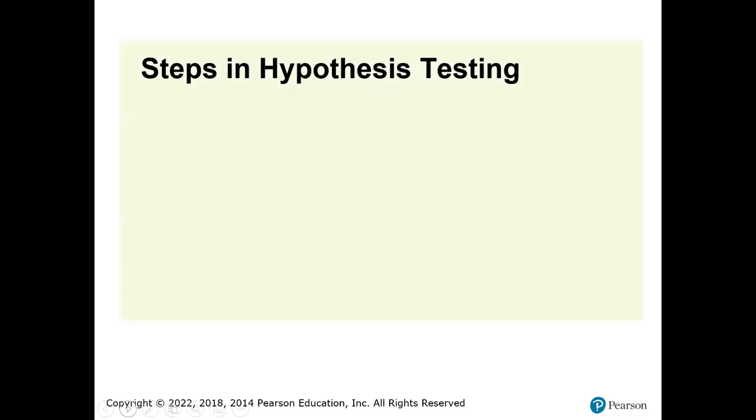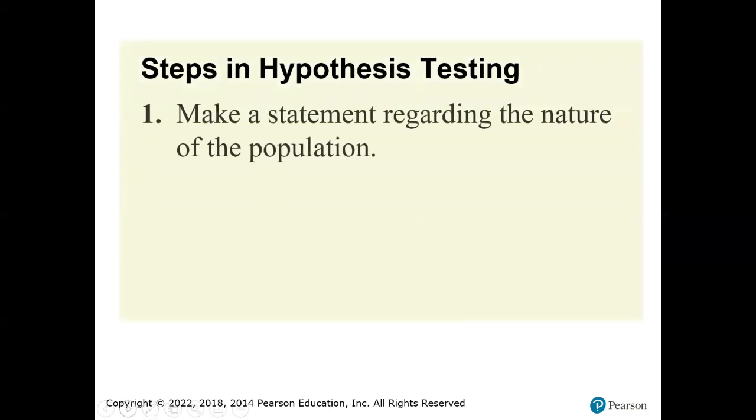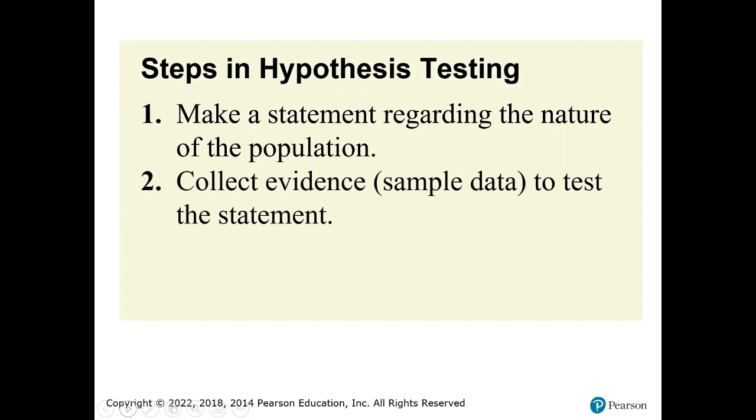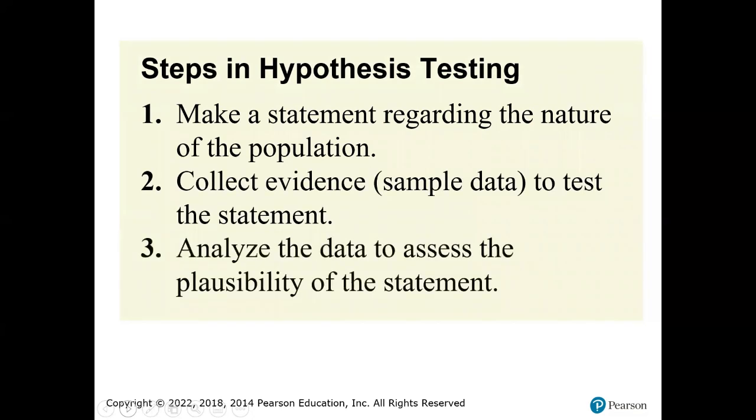The way hypothesis testing works is we make our null and alternative hypotheses. You then collect evidence from a sample, and then we analyze the results based on probability and create our conclusion.